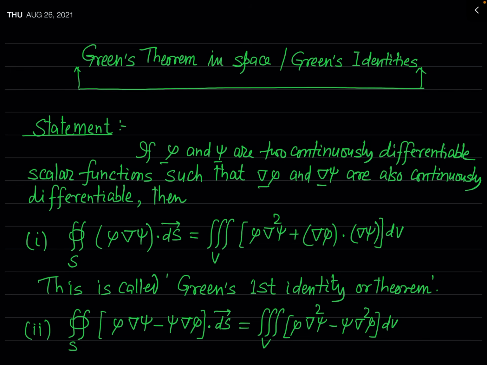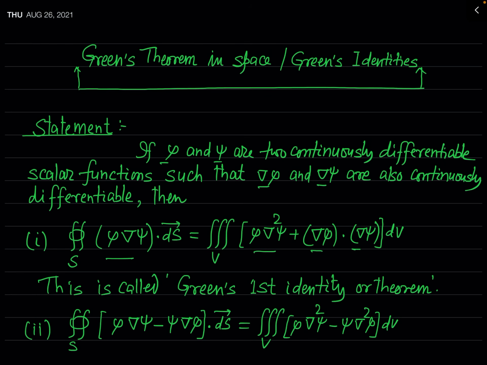If these two conditions are satisfied, then according to Green's first identity, the normal surface integral of the vector phi del psi over a closed surface S will be equal to the volume integral over the volume V enclosed by this closed surface S of phi del 2 psi plus del phi dot del psi dV. You have to remember this identity.